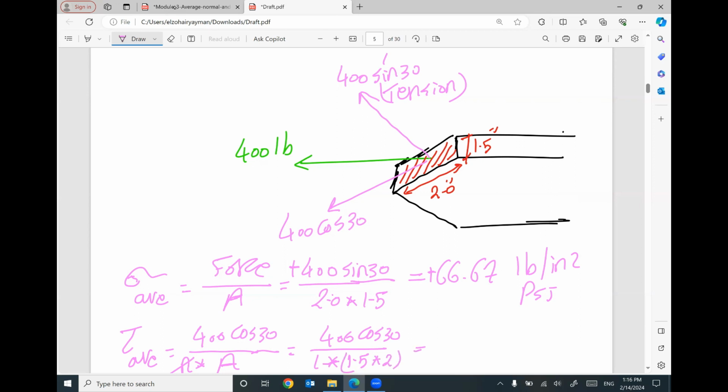So the shear stress will be 400 times cosine 30 divided by 3. So the stress will be 115.5 psi. We don't have positive or negative for shear. We have only one value equal to 115.5 psi.